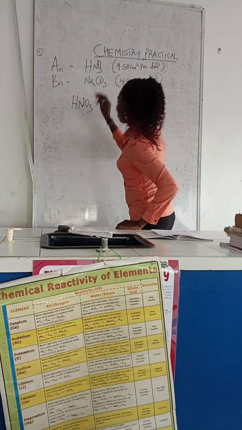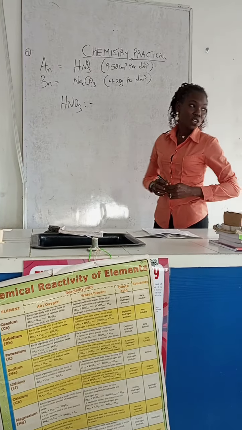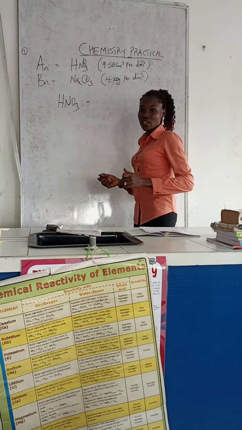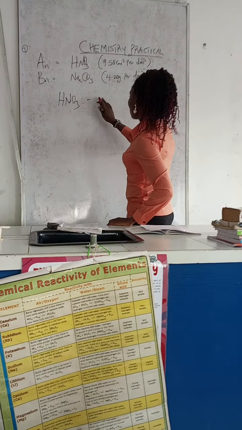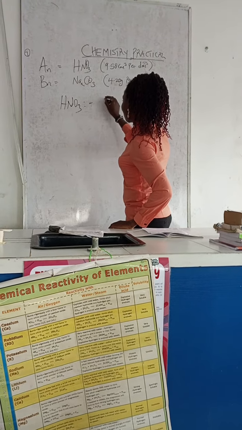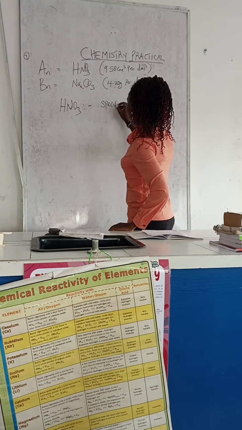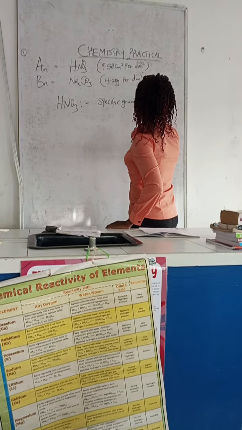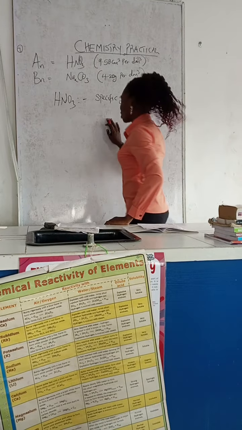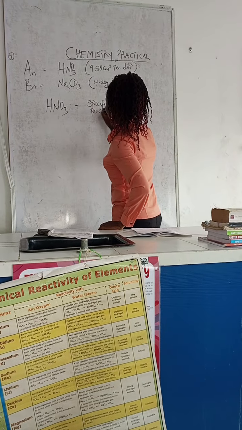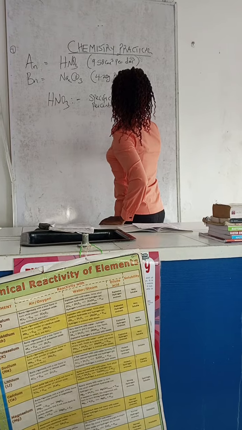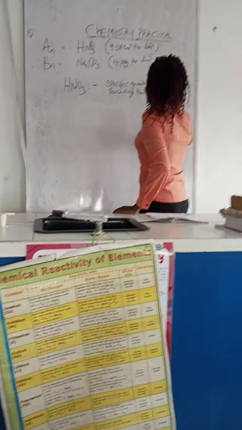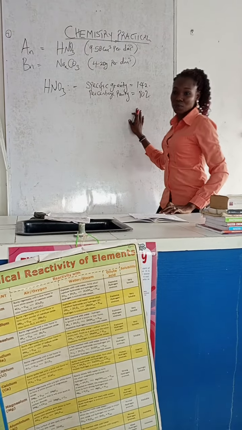the stock is always in an amber bottle, and if you check the amber bottle, you will see this specification. The specific gravity is 1.42, and the percentage purity is about 70%.